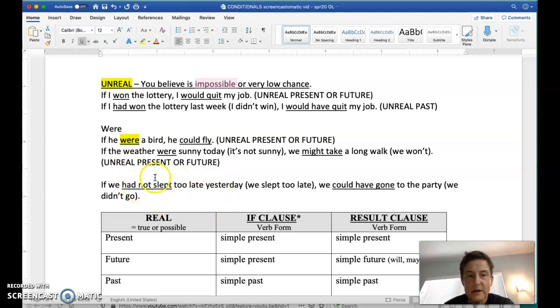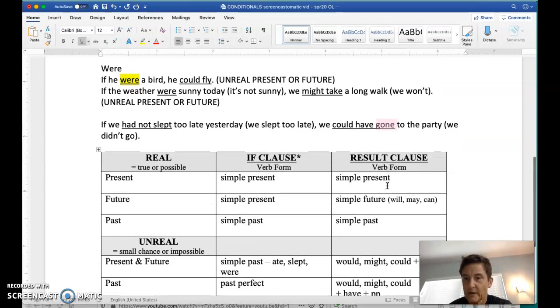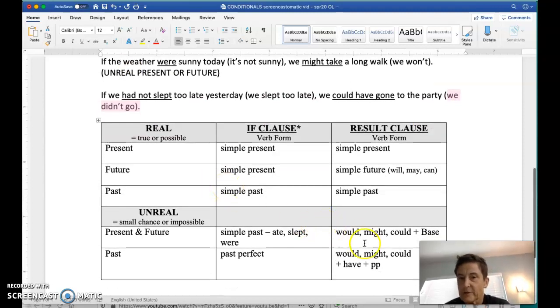So if we had not slept too late yesterday, we could have gone to the party, and unfortunately, we didn't go because we slept too late. Again, could have gone.